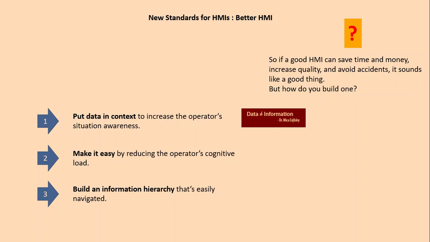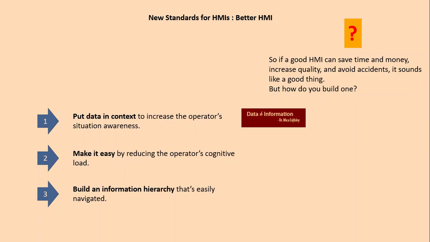The first: data is not information that you need to understand. Put data in context to increase operators' situation awareness. And the second point is make it easy by reducing operators' cognitive load. The operator should not be calculating information or doing mathematics during running of the plant.